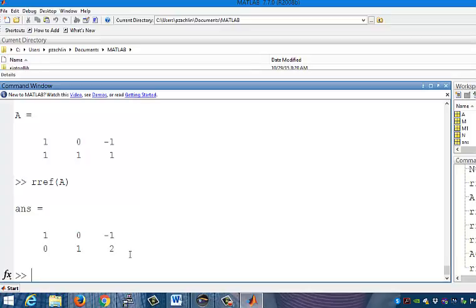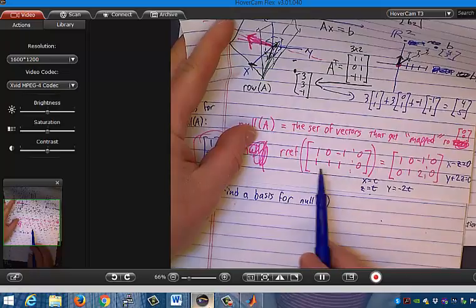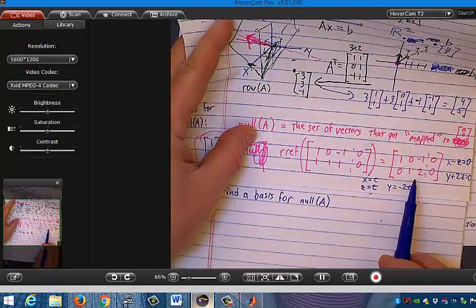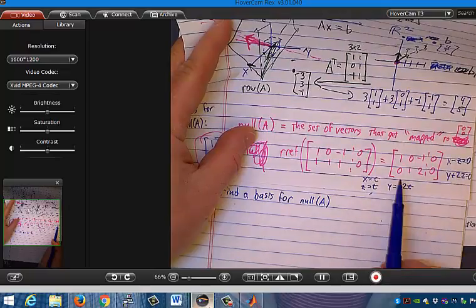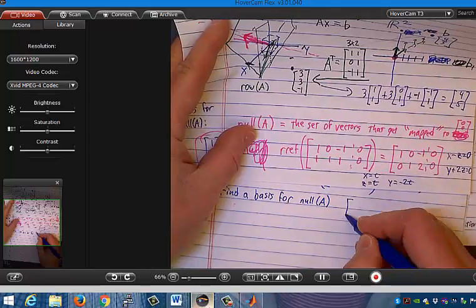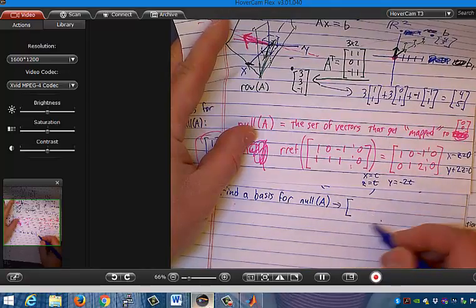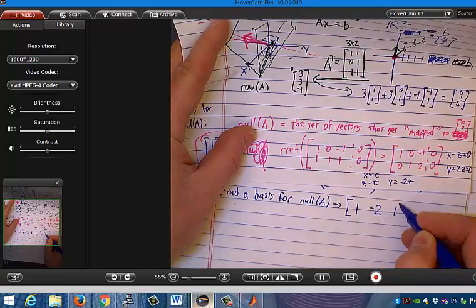Basically, what's on MATLAB is this, right? When I said find a basis for the null space, when we got it into this form, you could see x has to be the same as z. So x is equal to t, y is equal to negative 2t, z is equal to t. So a good answer would be the single vector 1, negative 2, 1.